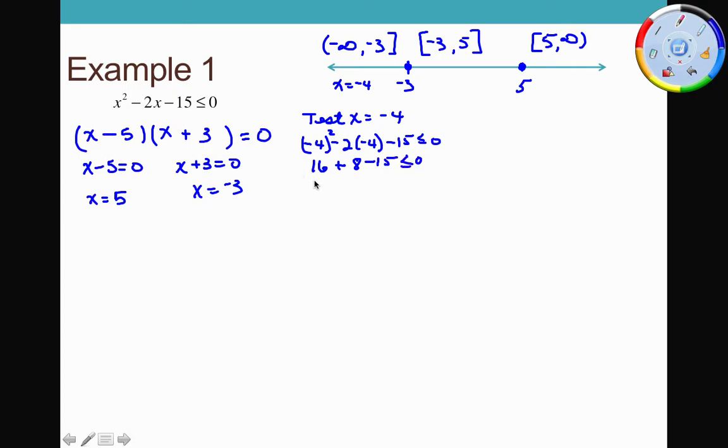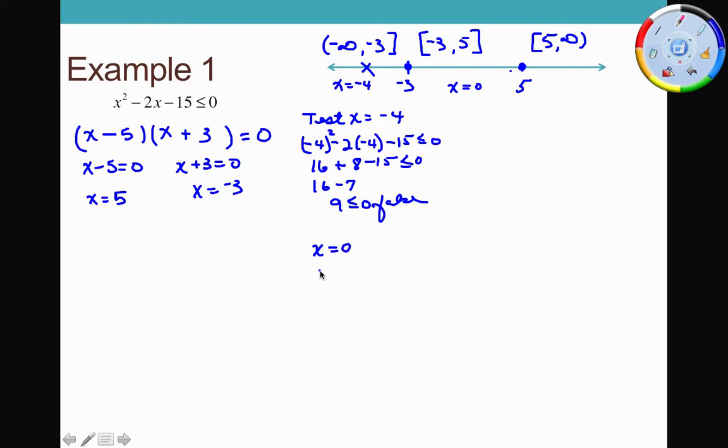Let's do some arithmetic here. That's going to be 16 minus 7, which will make us have a 9 less than or equal to 0, which is false. So that means this interval does not work. All right. If I move to the next interval, 0 is convenient.